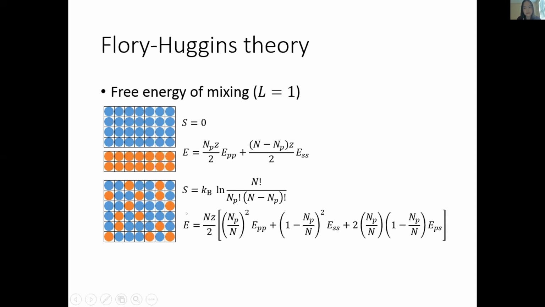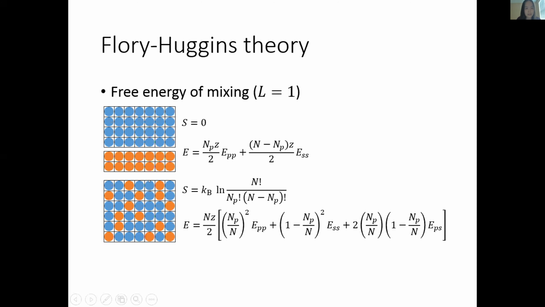And to find the free energy, we need two terms: the entropy and the energy. For this system, because there is only one configuration, with all the solvents here and all the polymer particles here, one configuration means the entropy, which is the Boltzmann constant times the log of the number of configurations, equals 0.